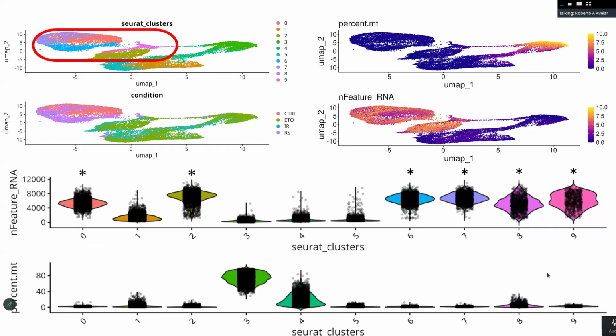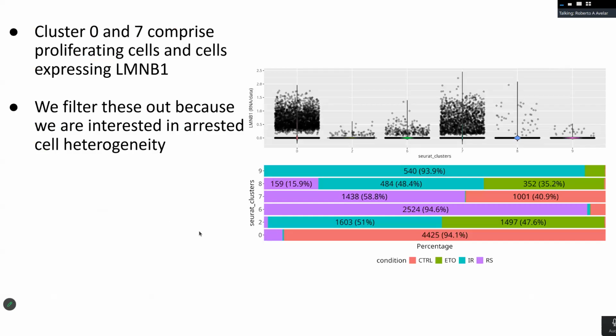We also made sure that the clusters we were including didn't have high mitochondrial counts. So we see the spike in mitochondrial counts, but we're throwing away this cluster anyway, so we don't really care about that too much. So from here, we looked at lamin B1 expression, and essentially there's two clusters expressing lamin B1, right?